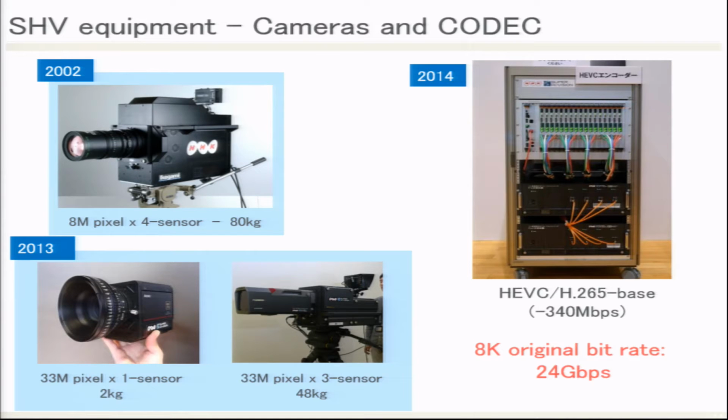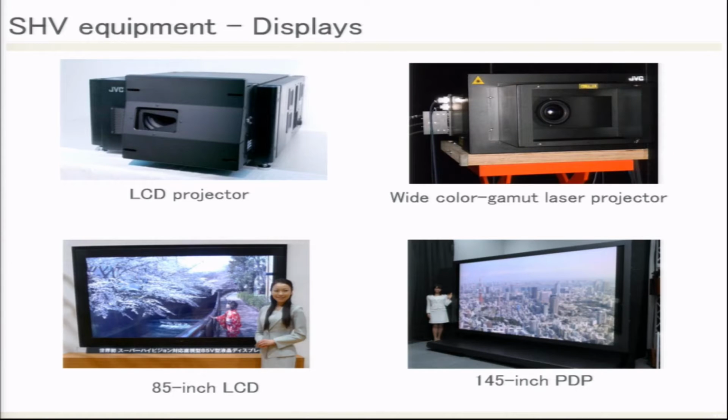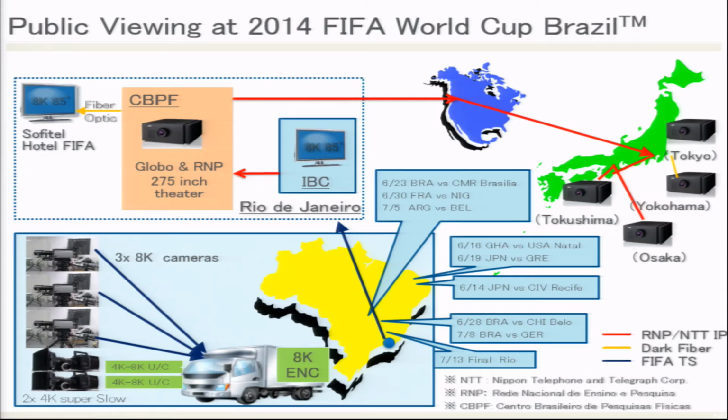Here on the right is one of the important things, the codec for 8K, which produces this 100 to 1 compression that I mentioned before. Some of the output displays are shown here: projectors, two kinds of projector, two kinds of display panel.